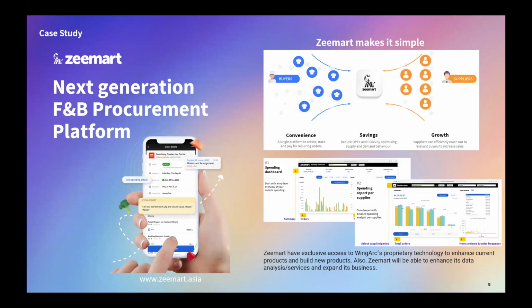GMart developed the F&B procurement platform, where buyers get the convenience of a single platform to create, track, and pay for recurring orders. Suppliers can efficiently reach out to relevant buyers to increase sales, and reduce cost by optimizing supply and demand behavior.